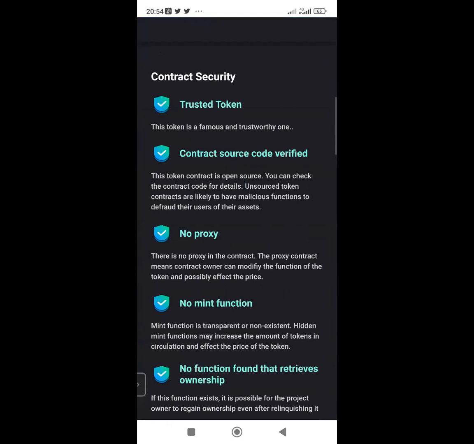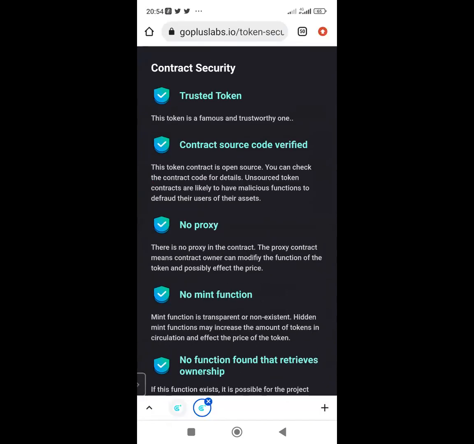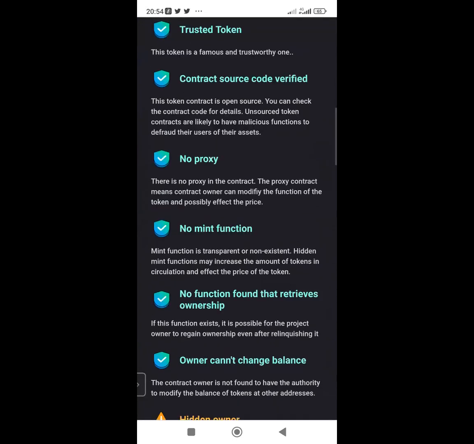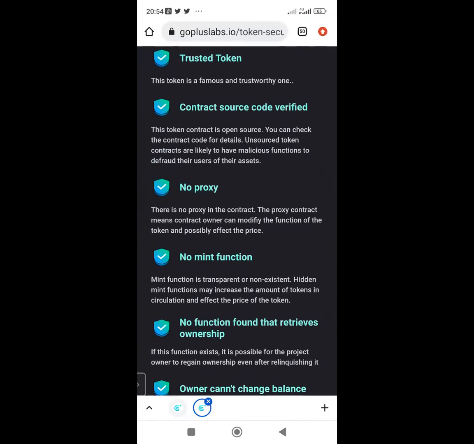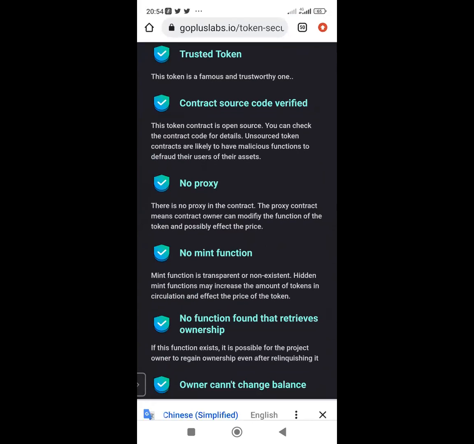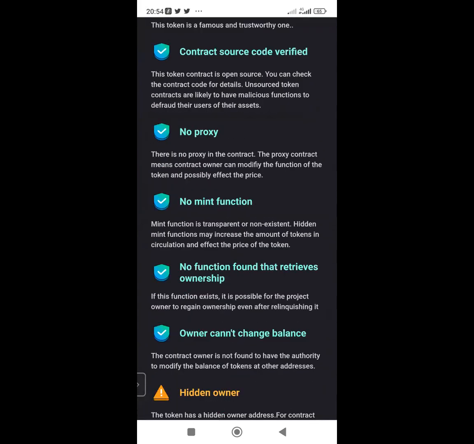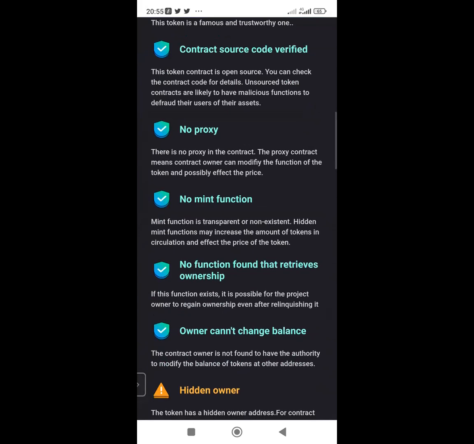Can you see how they told you it's a trusted token, contract address code verified, no proxy. That is to tell you they have not put any way to go and modify the code, maybe to steal people's money. They cannot mint anything. Matic is a good token.